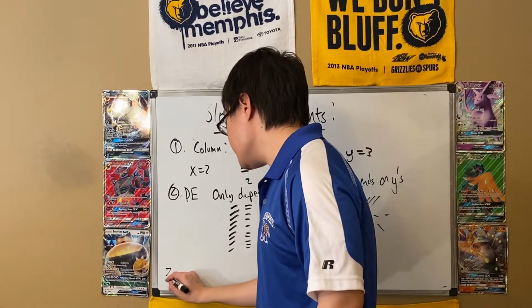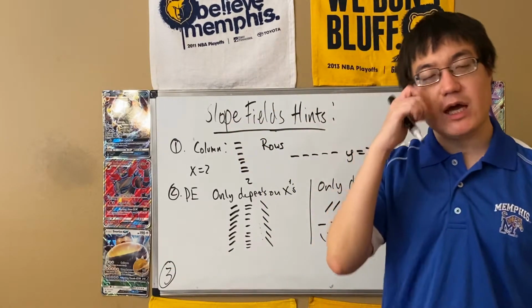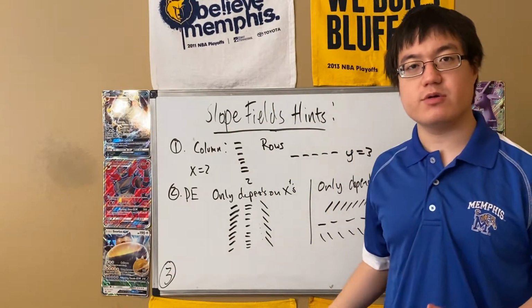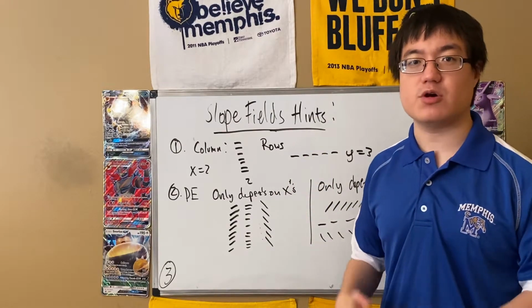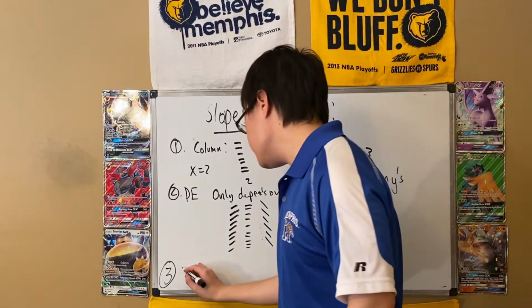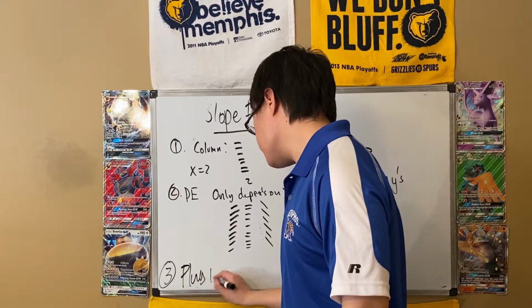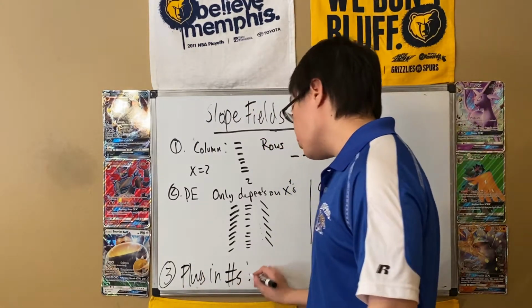Finally, our last hint is to really just plug in numbers. If you're having a lot of difficulty, what you're going to do is the reverse of the first question. You're just going to plug in numbers and see if that slope matches the line. But when you plug in numbers, one thing you might want to focus on is quadrants.